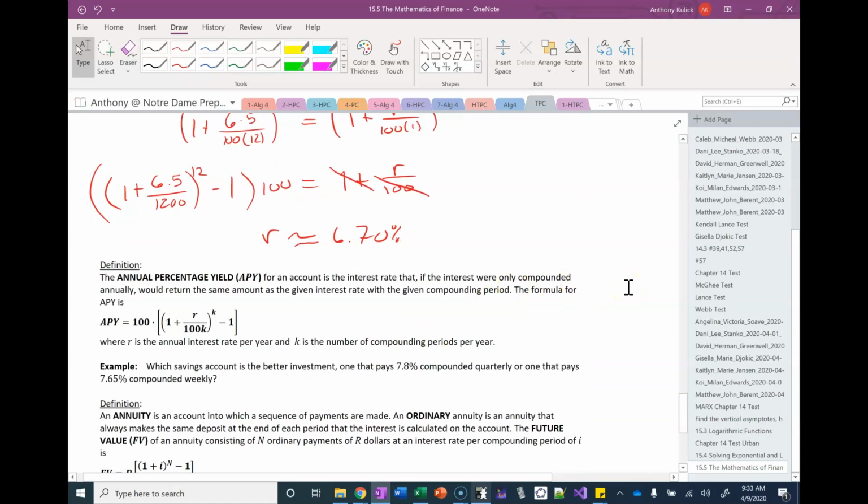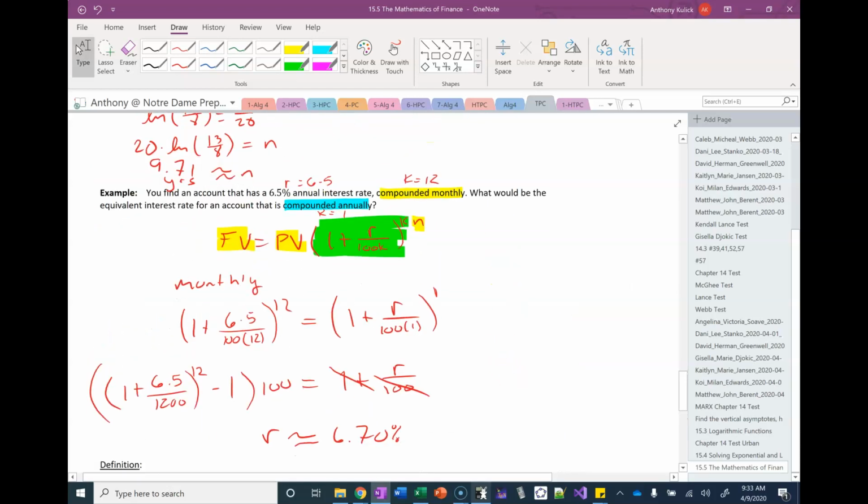Okay. The next topic is something similar and related, but slightly different. It's called the annual percent yield. So through the previous example, we saw that time, that's our n, and the principal don't end up mattering because they're the same for each of these accounts.